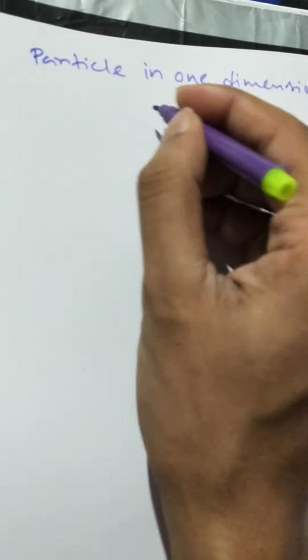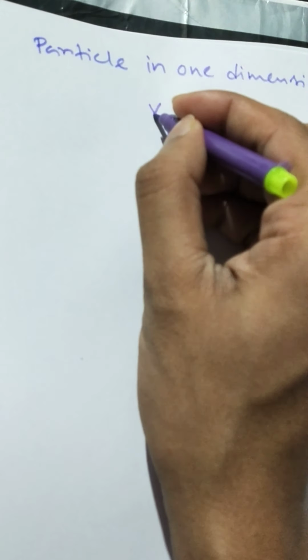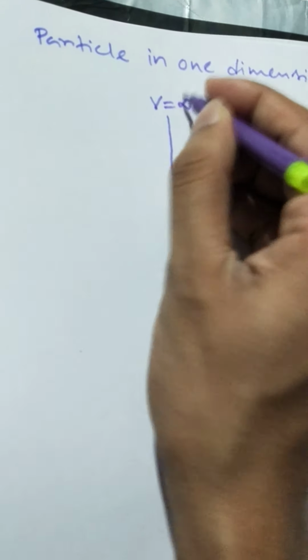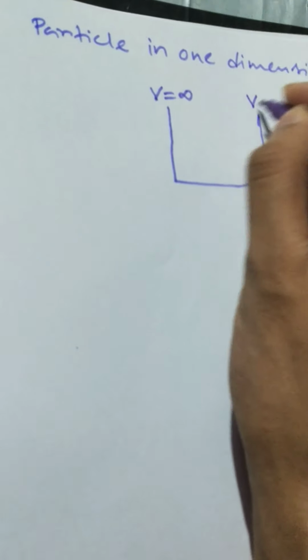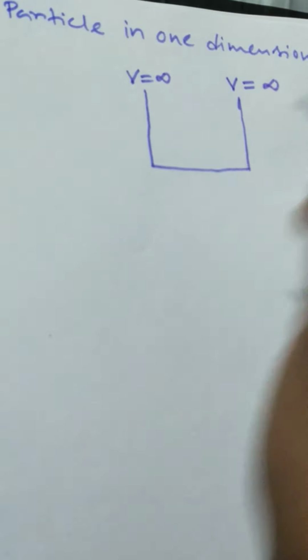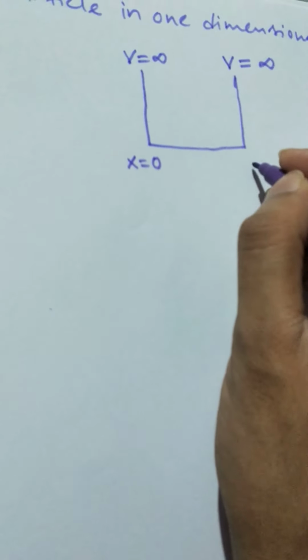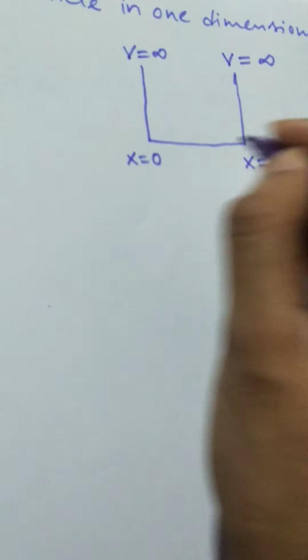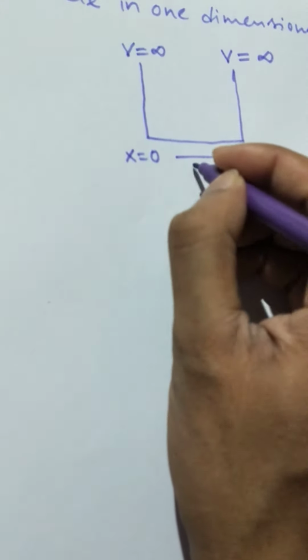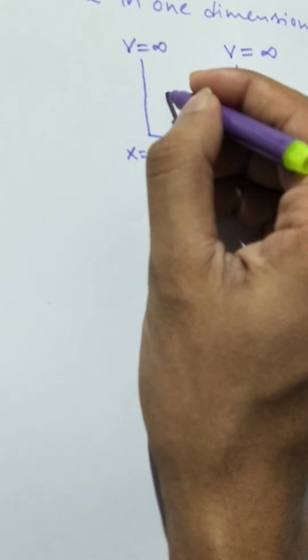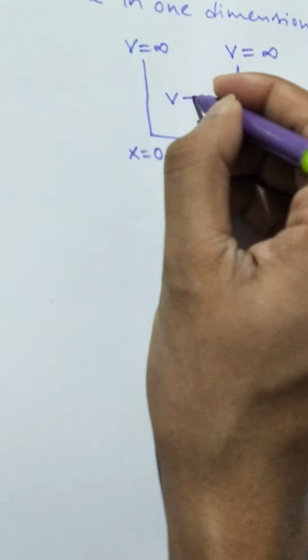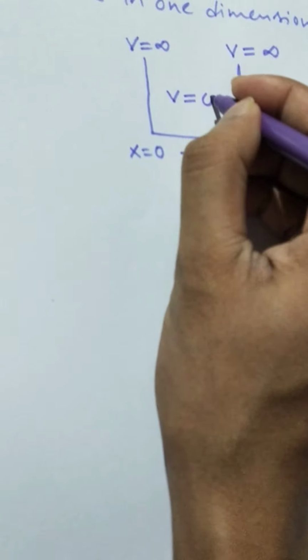This is a box. Here the potential energy is infinite. Here x equals 0. Here x equals L. Its total length is L. Inside the box the potential energy is 0.